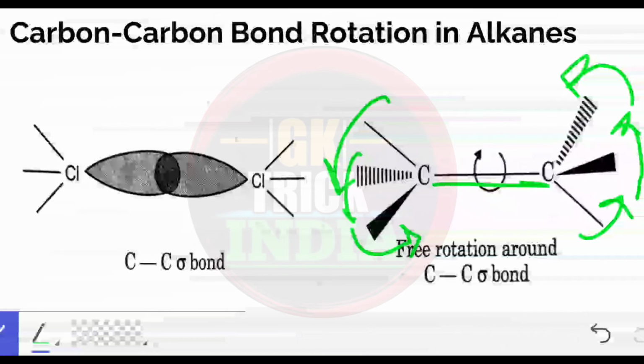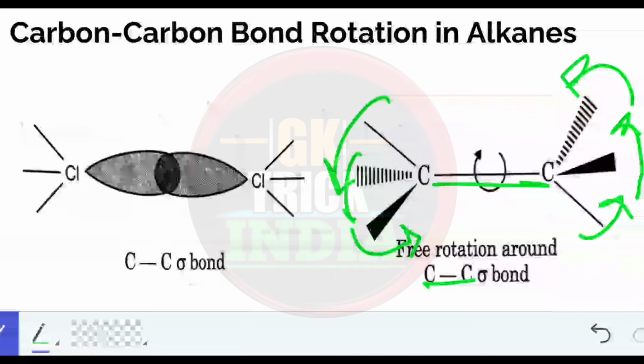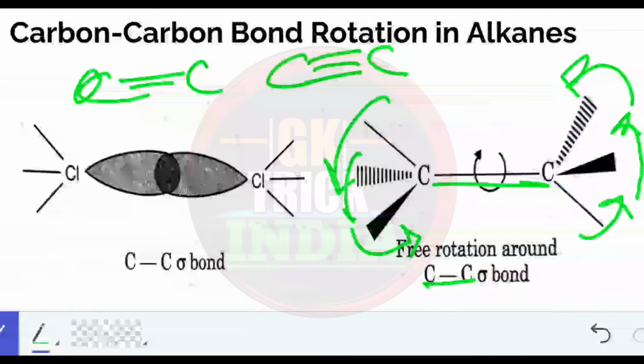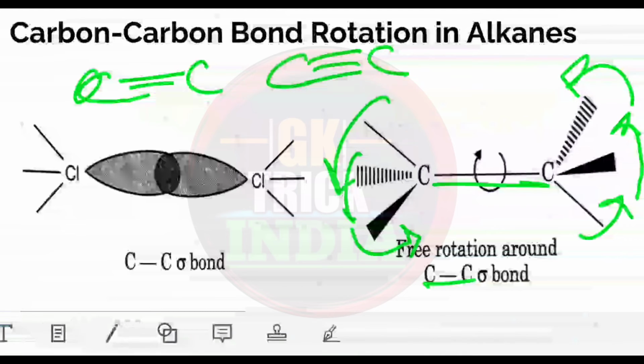An amazing fact is that it's only in alkanes, where you have a C-C sigma single bond, that rotation is possible. You won't find C-C bond rotation in the case of alkenes, where you have a double bond, or alkynes, where you have a triple bond, which really makes it difficult for the bond to rotate, right?